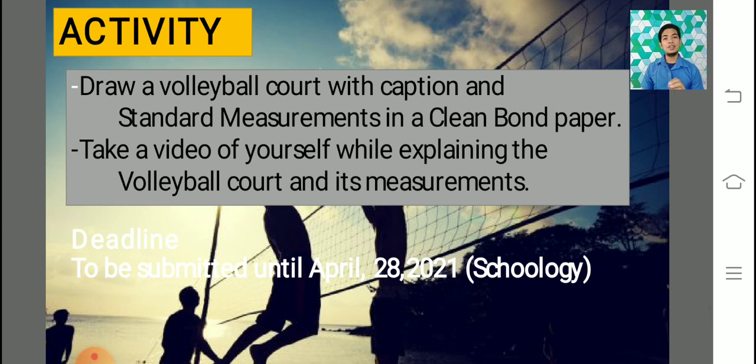And then write the standard measurement in each area. Now, right after the first instruction, sabi dito, take a video of yourself while explaining the volleyball court and its measurement. So pagkatapos nyo gawin na mag-drawing, and then pagkatapos nyo lagyan ng caption and measurement, take a video explaining the measurements of each of those areas.